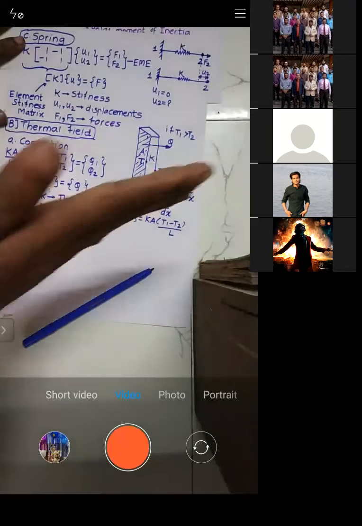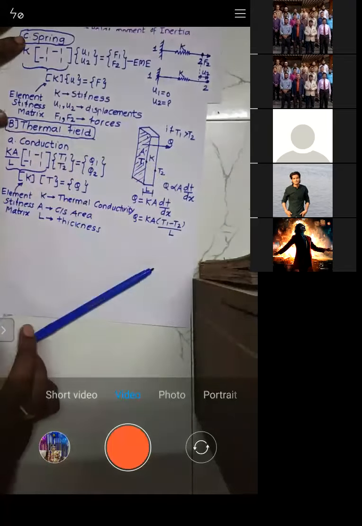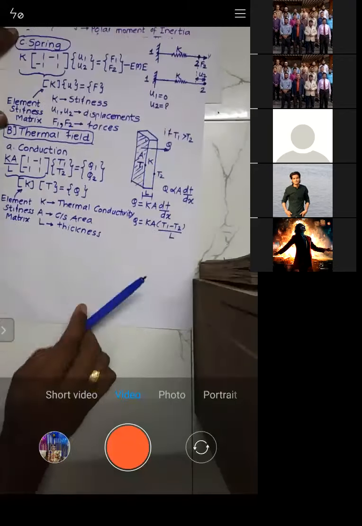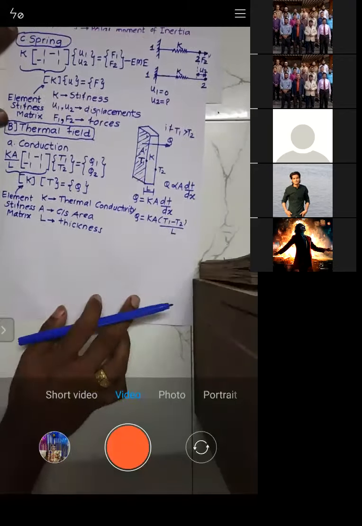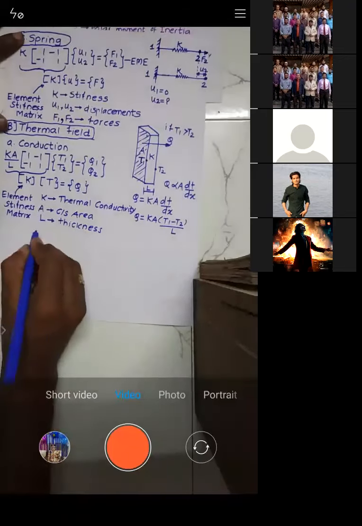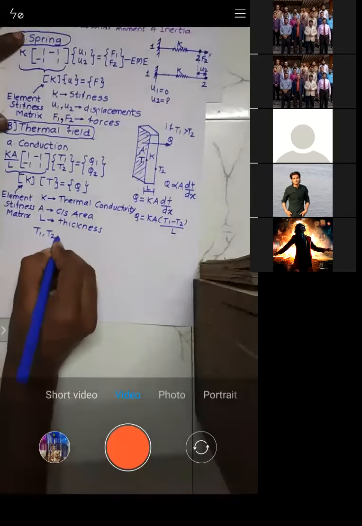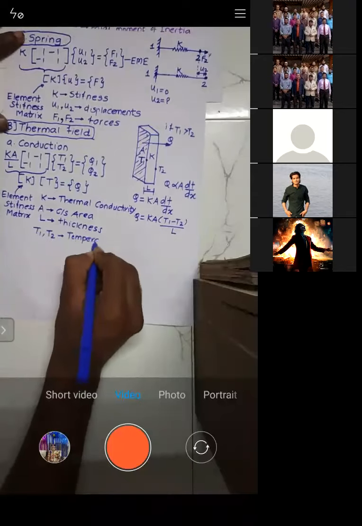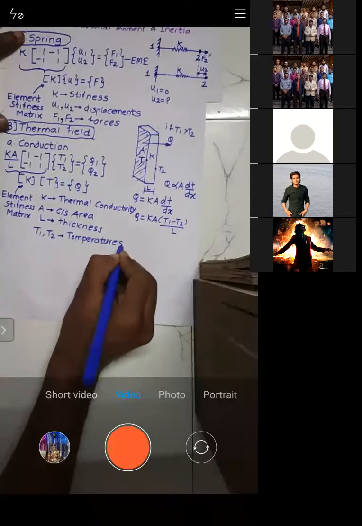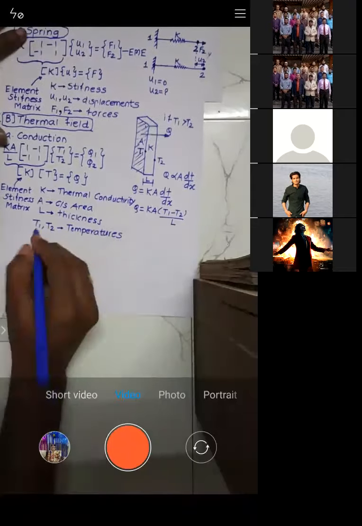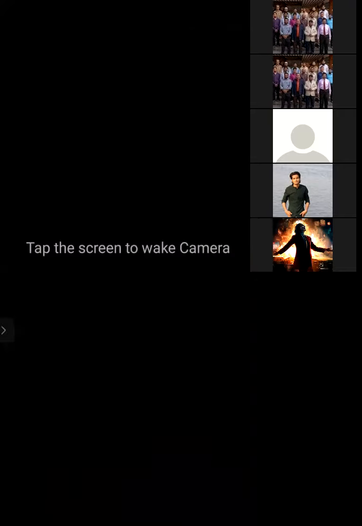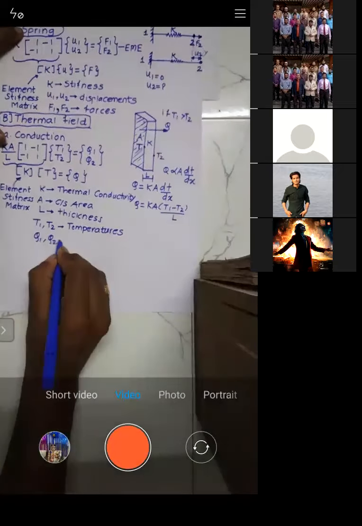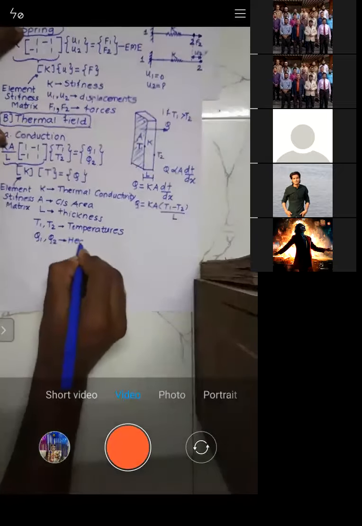That's why I'm more specifically calling this thickness, L. What are T1 and T2? They are the temperatures. What are Q1 and Q2? They are the heat flow.